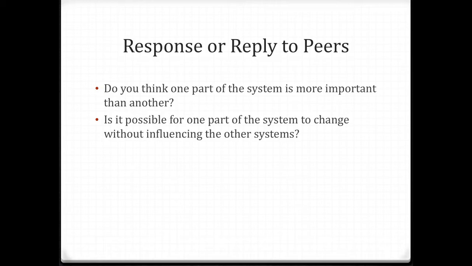Okay. The next is it possible for one part of the system to change without influencing the other systems? Yes and no. They can change, but what would be the impacts becomes the question. Remember, so much of what we do, what the criminal justice system does, I should say, is established by public policy by politicians. So if we look at the courts, if we look at corrections, and we say, my gosh, it's a revolving door, it's nothing but recidivism.